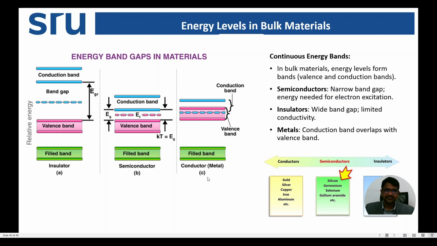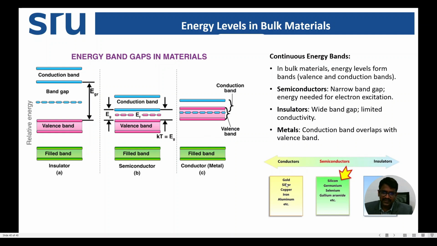So how does this difference come into the picture? We can explain it based on the energy levels. One thing we have to remember is that the band gap is very high in insulators, moderate in semiconductors, and very less in conductors. What are the examples for conductors?